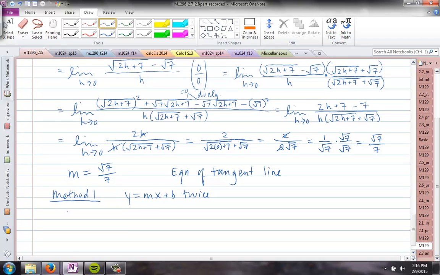What we have here is, remember, our equation for y, or f of x, is the square root of 2x plus 1. We're doing this at a equals 3, and we just figured out that m is equal to the square root of 7 over 7.